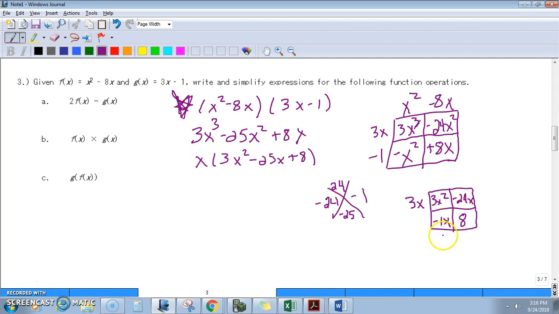And 3x times 1 will give me 3x squared, and 3x times negative 8 will give me negative 24x. And oops, this needs to be an x here. Did you guys catch that? And then x times negative 1 would be negative 1x here. So technically, this could be an answer. If it's multiple choice, it could be 3x minus 1 times x minus 8.